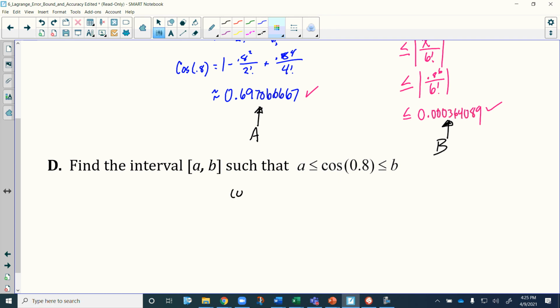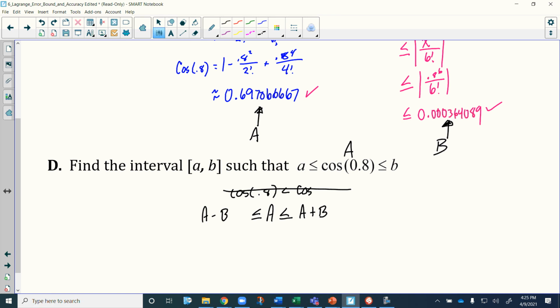So here I'm going to say that the cosine of 0.8 has to be less than B. Scratch that, this is A. So A is going to be less than or equal to the approximation plus the error, and this is going to be less than or equal to the approximation minus the error.